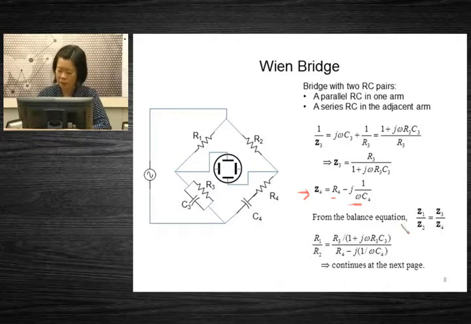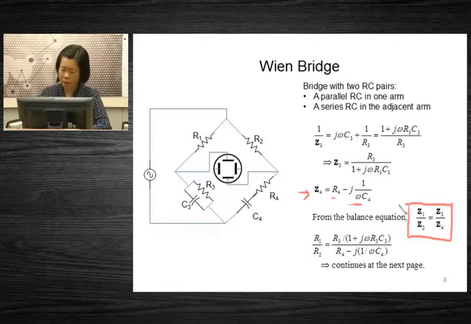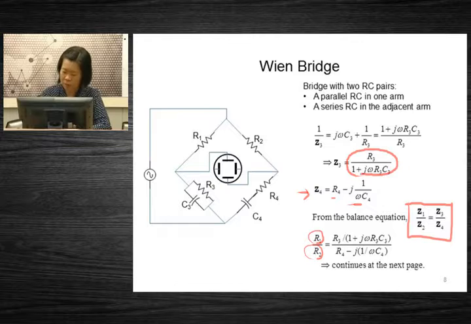Now from the balance equation shown in several slides before, this is the balance relationship. We can find the relationship between R1, R2, R3, C3, R4, and C4. For G1, we use R1. For G2, we use R2. For G3, we use the equation found here, which is this one. And for G4, we use the equation found here, which is this one.